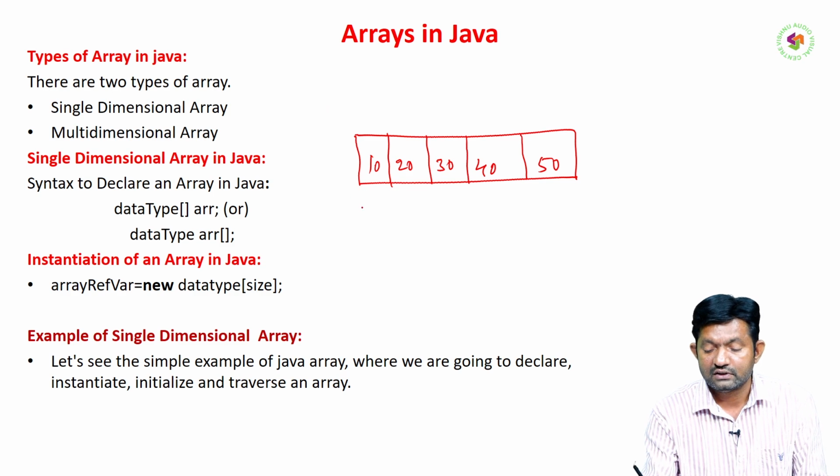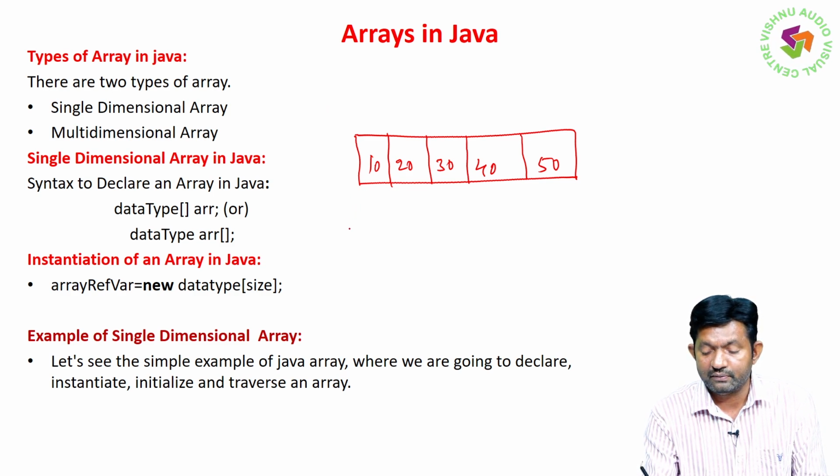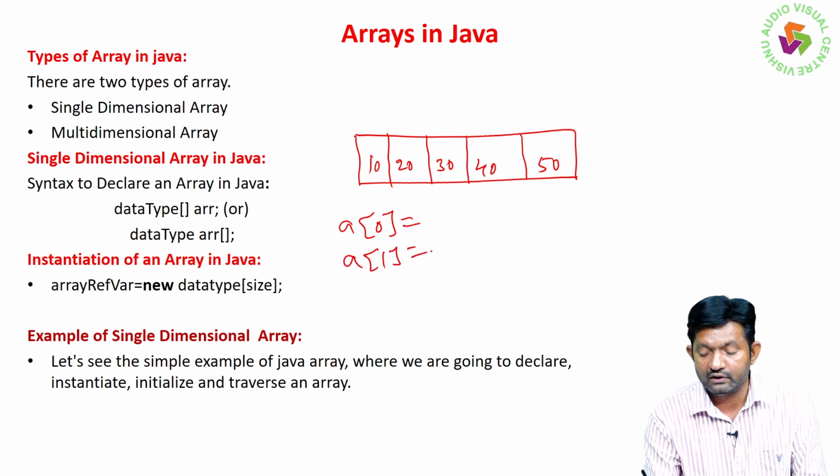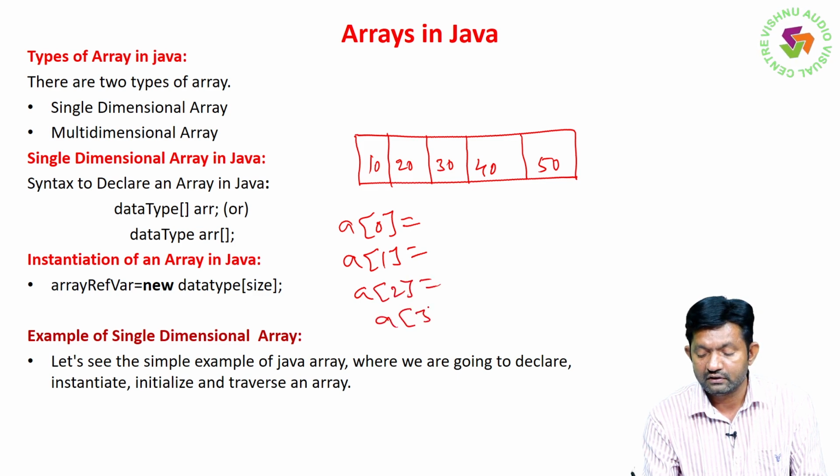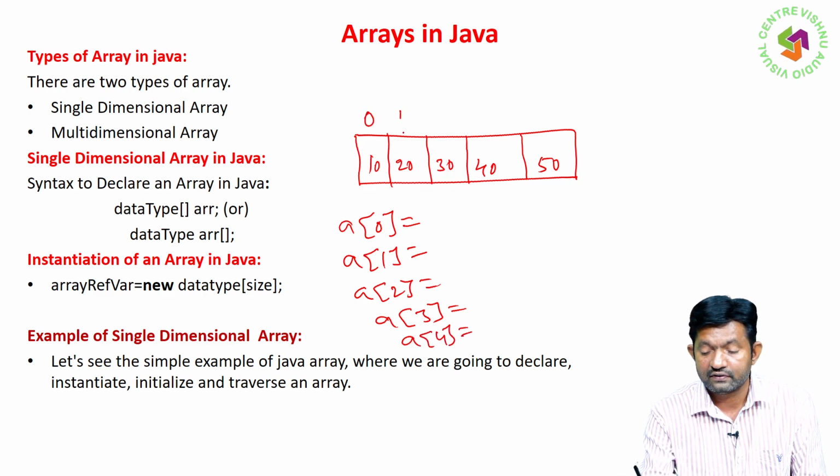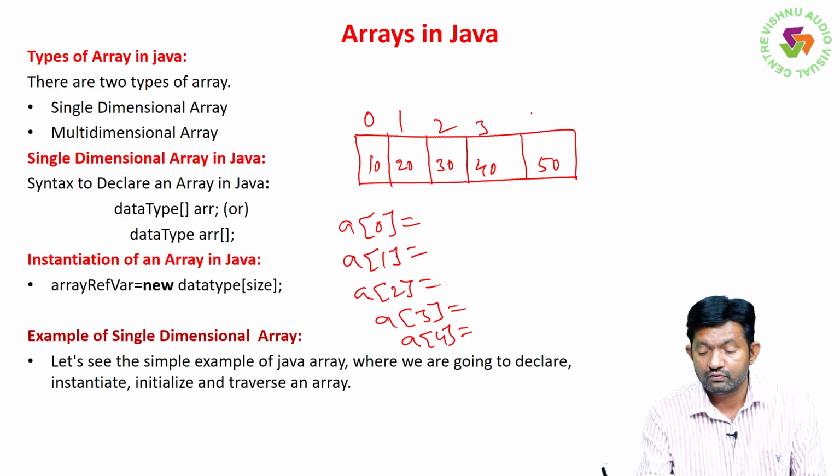What is the value of a of 0, a of 1, a of 2, a of 3 and a of 4, because the indices are 0, first, second, third, fourth.